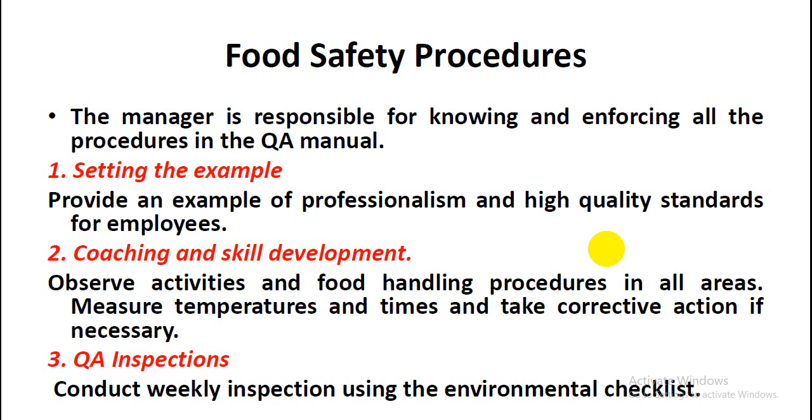For that, you have to observe all the activity of the employee, and once you find a special gap or deficiency or problem in food handling procedures or food processing, you have to coach them, and you have to develop their skills in the food processing.